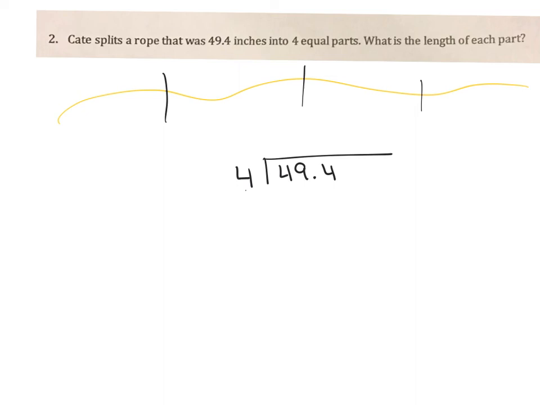So then we do 4 into 4 one time. And 4 into 9 twice. And then 4 will go into 14 3 times.